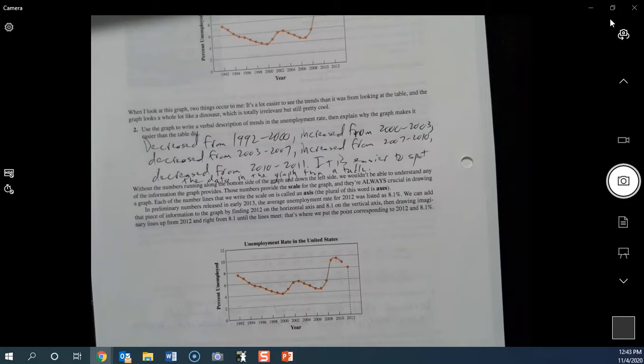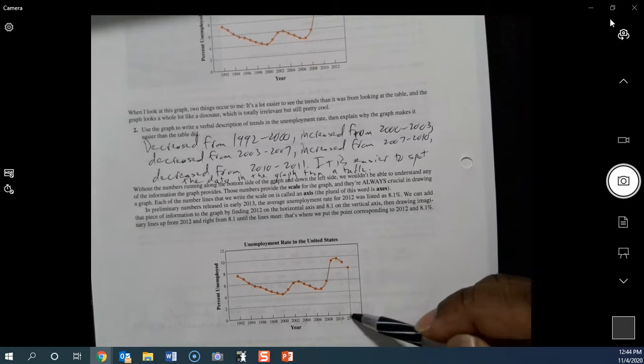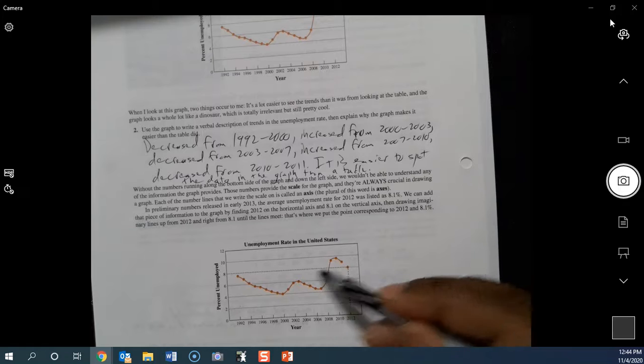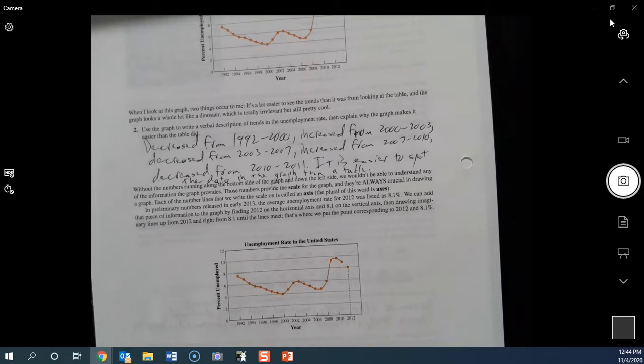Then drawing imaginary lines up from 2012 and right from 8.1 until the lines meet. That's where we put the point corresponding to 2012 and 8.1. So they showed that here. This would be 8.1, and then also the line here.